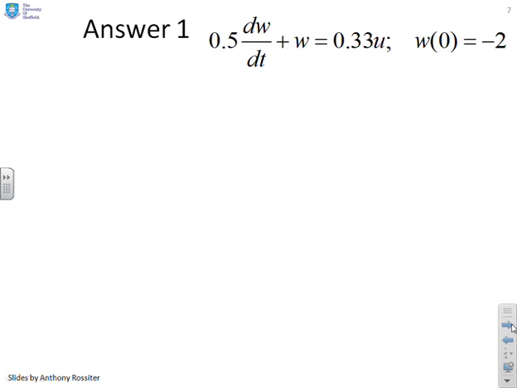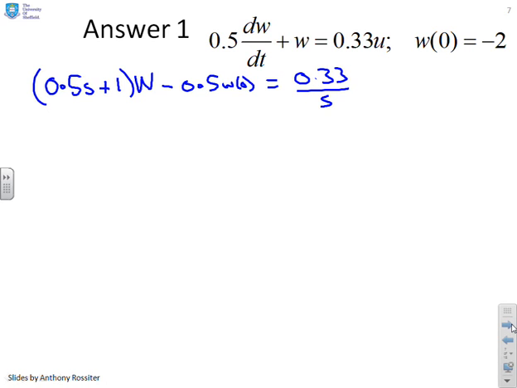So the first one, I'm going to write the Laplace transforms straight down as normal. So we've got (0.5s plus 1) w of s minus 0.5 w of 0 equals 0.33 over s. And if I rearrange this, I'm going to have (0.5s plus 1) w equals 0.33 over s plus 0.5 w of 0.